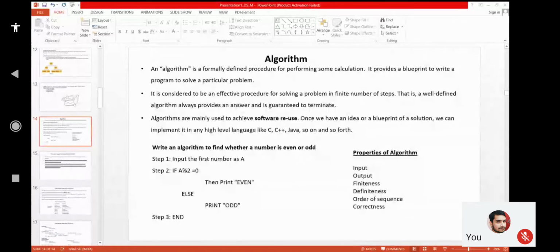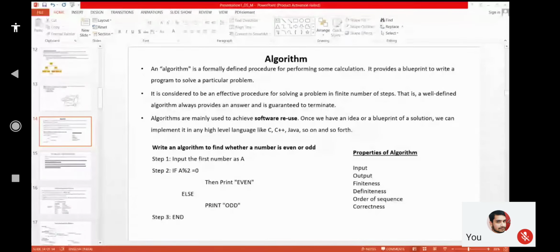For a complex problem, there may be 1,000 lines of instruction, but the number of instructions is definitely finite. The algorithm may be small, maybe large.